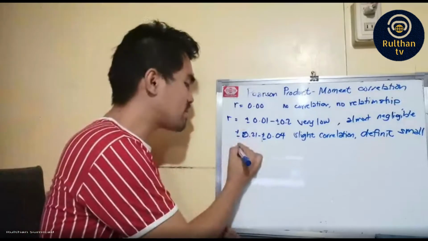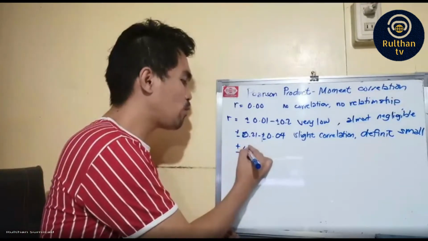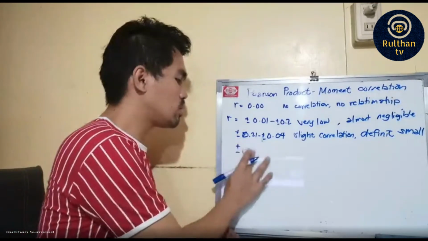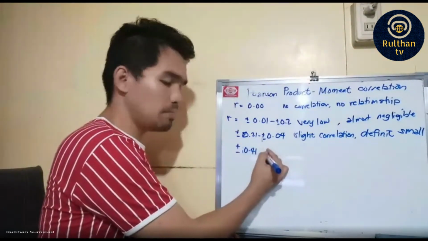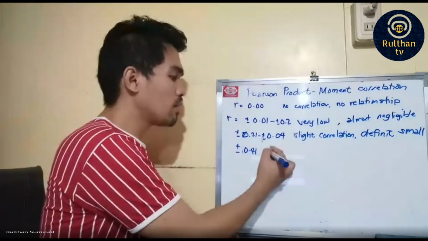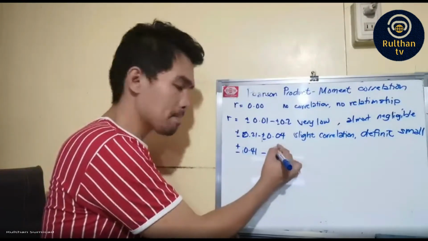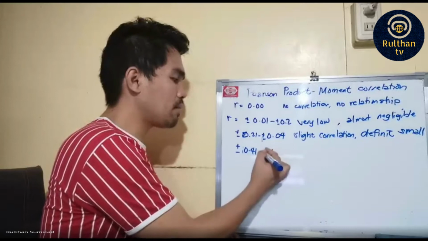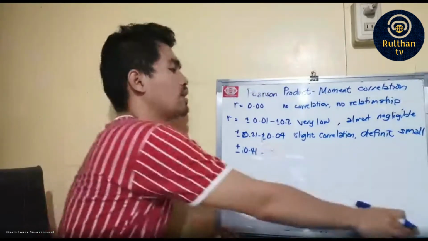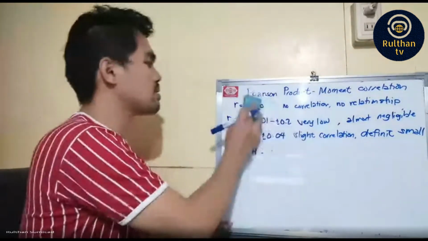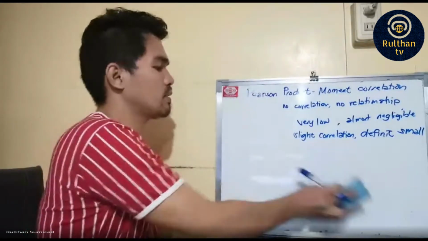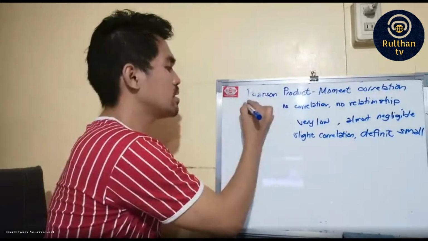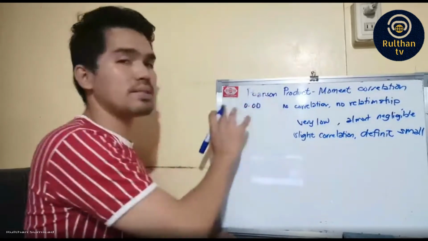Next, if we have positive and negative 0.41 to positive, negative 0.70. Let me erase and make this clearer so it won't appear confusing. So we have 0.00, zero correlation.